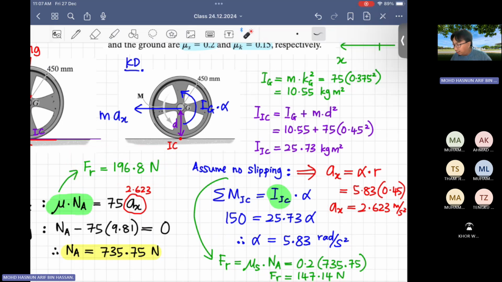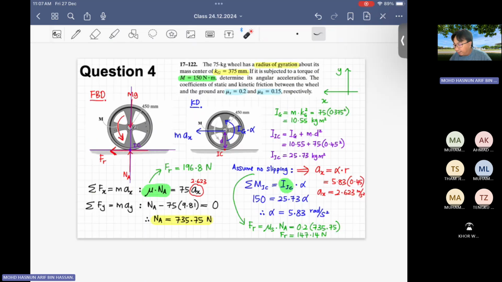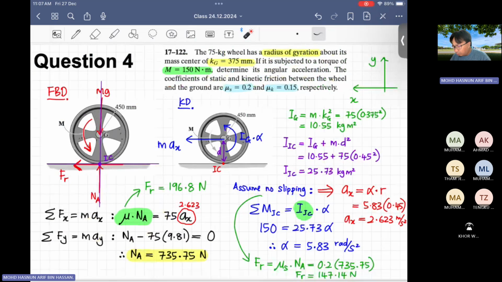So you can see here that the friction calculated using mu s is smaller than the friction calculated using the equation here, by multiplying with ax, because this ax is only valid if no slipping occurs. So I will write down here, since mu s times Na is smaller than the friction calculated up there, therefore in this case slipping occurs.